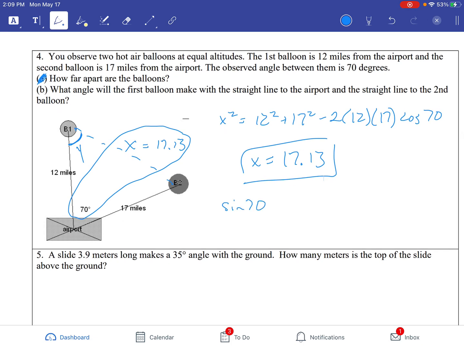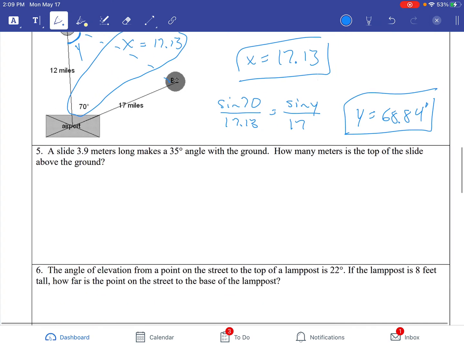So we have sine of 70 over 17.13 equals the sine of y over 17. So 17 times the sine of 70 divided by 17.13. Now the inverse sine of that answer, and we get y is equal to 68.84 degrees. There we go, both things.